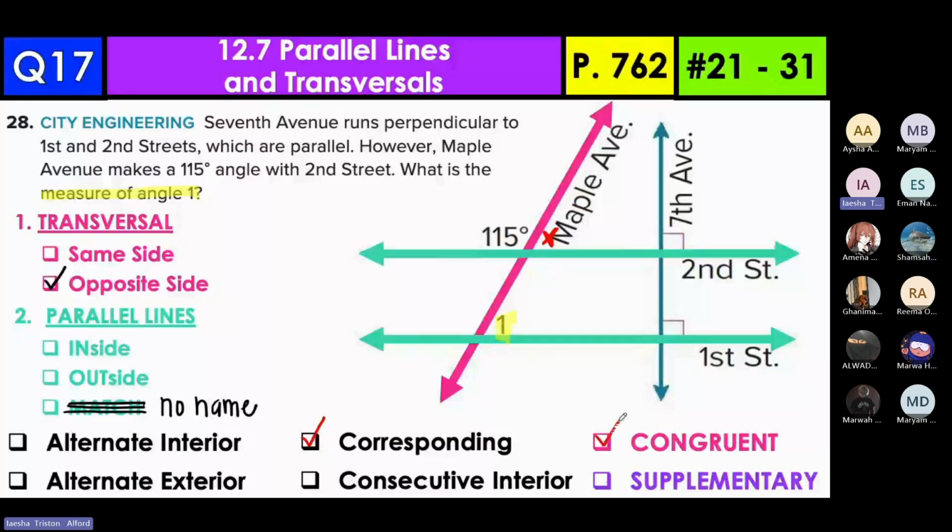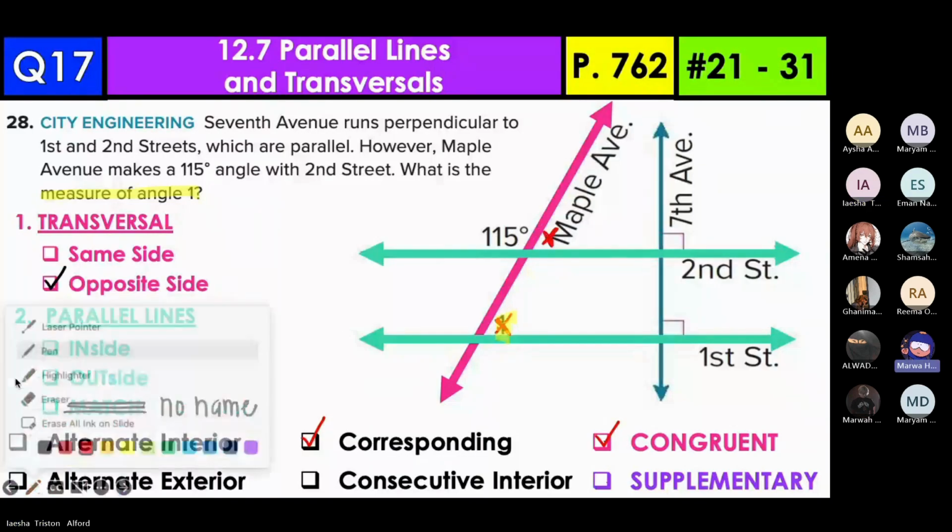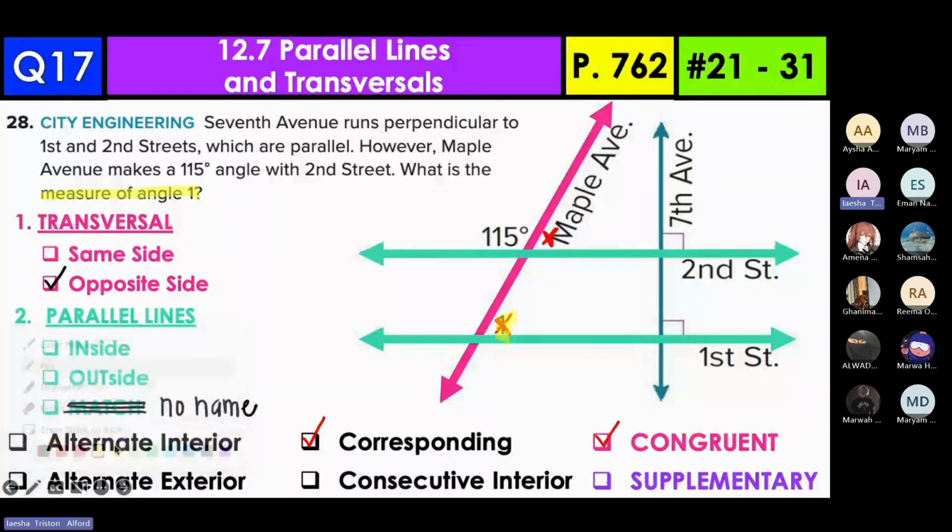Congruent. So what does it mean? If this one is X, then this one should be X. Now you should be able to give me a name for these two. Linear pair. These two are called linear pair.